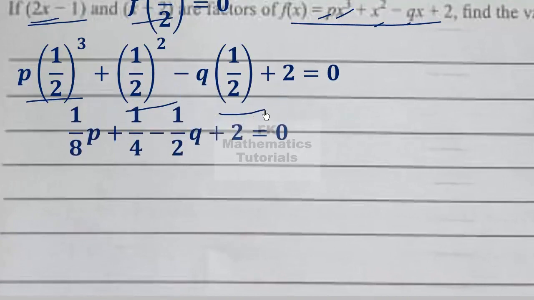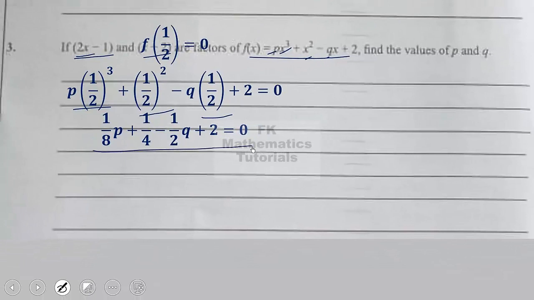And when we simplify this, we get 1 over 8p plus 1 over 4 minus half q plus 2 equal 0. Now we create a fraction to obtain equation 1. P minus 4q equal negative 18.